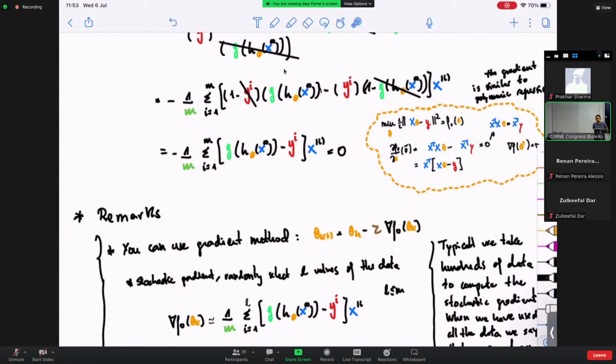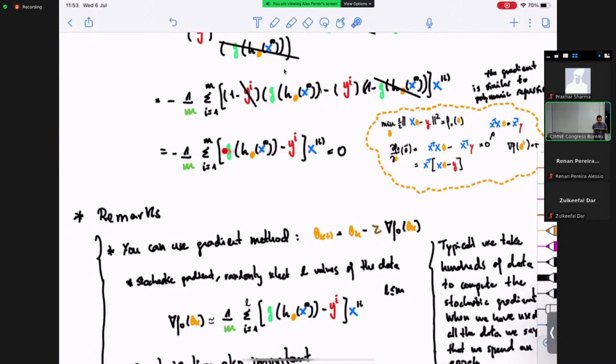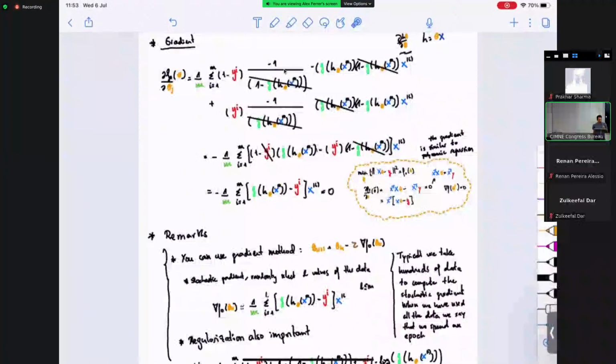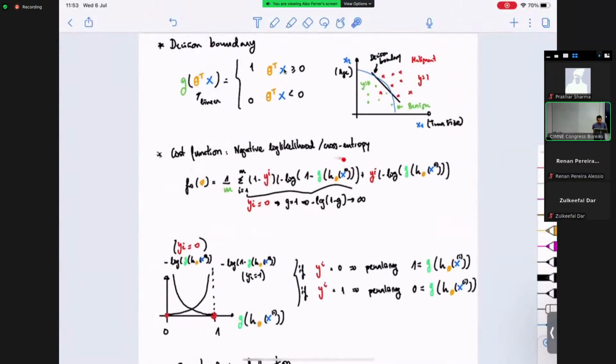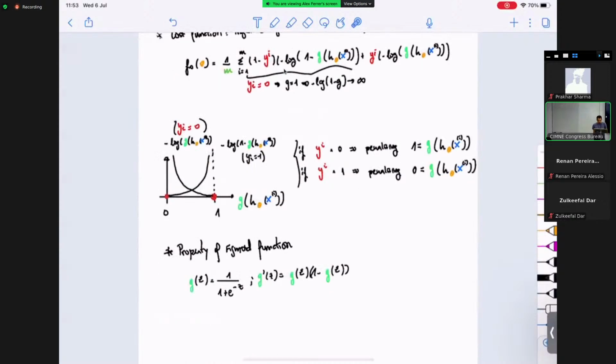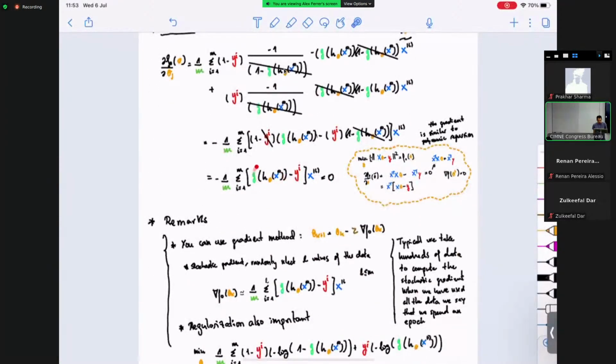Probably this is why it's called logistic regression, right? But see that the gradient is very cheap, because, and I don't know if we did it in the practice, you have to compute g once. So once you compute g, you have it already for the gradient. You need it for the cost, but you also need it for the gradient. So you can compute it just once, and then you compute the cost and the gradient.